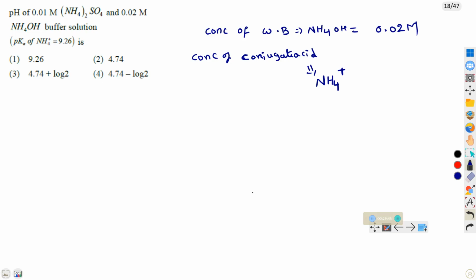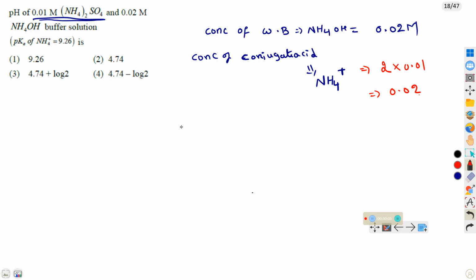It can be calculated by using salt (NH4)2SO4. In (NH4)2SO4, two NH4 plus ions are present, into 0.01, that is equal to 0.02.